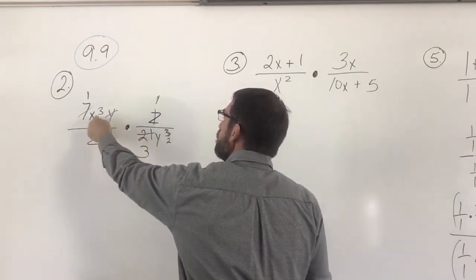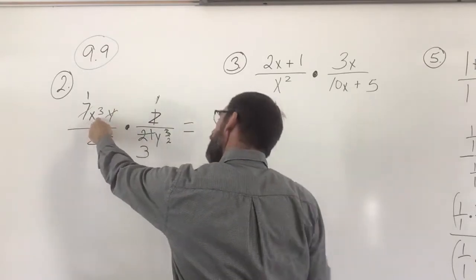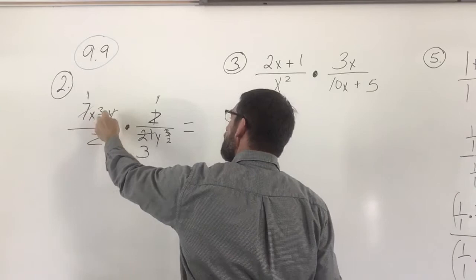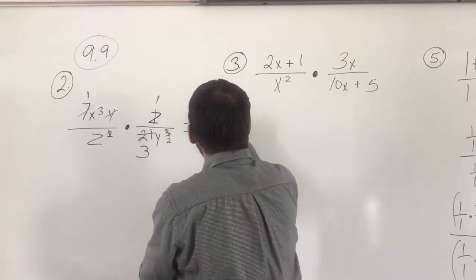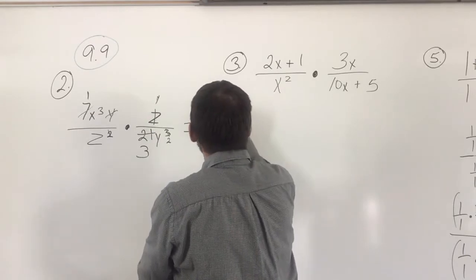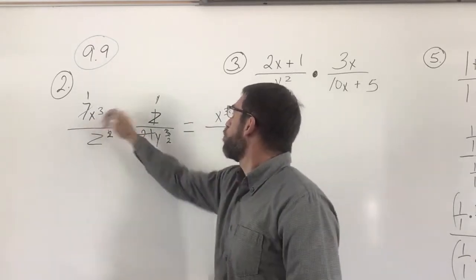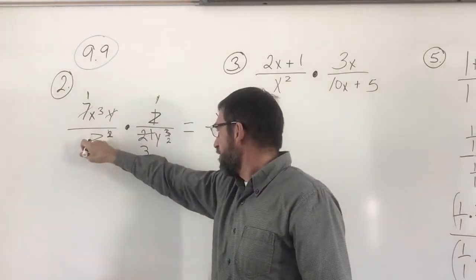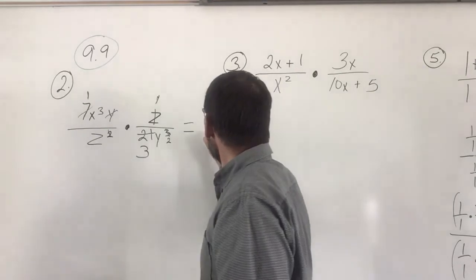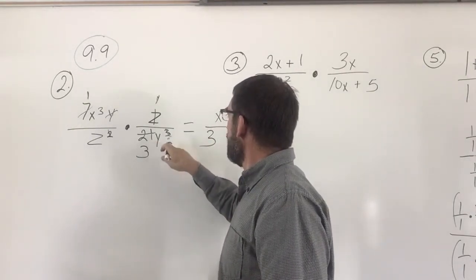So on this top line, I will bring it right over. I have x cubed, and that's it, x to the third power. That's my top number. Multiplying that times 1 is nothing, so that's all I have left here. Here I have a z, I have a 3, so I'll put a 3, and I have y squared.